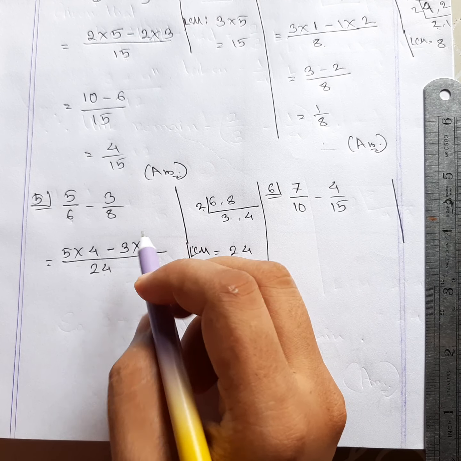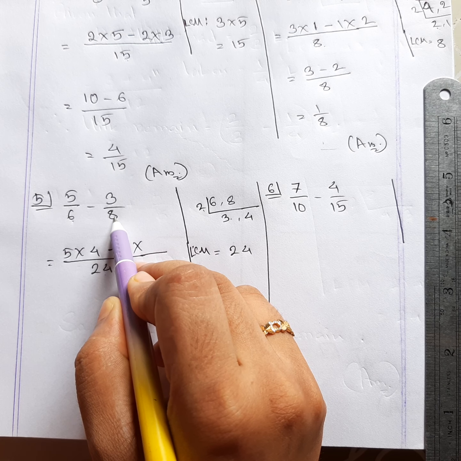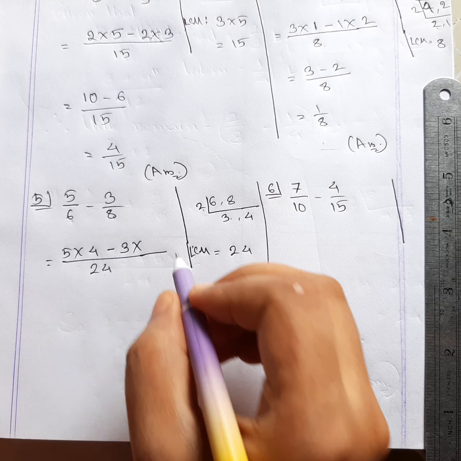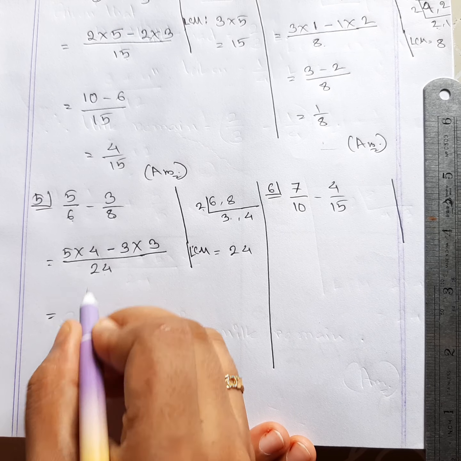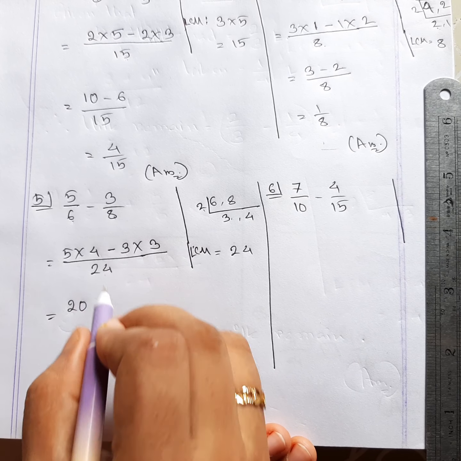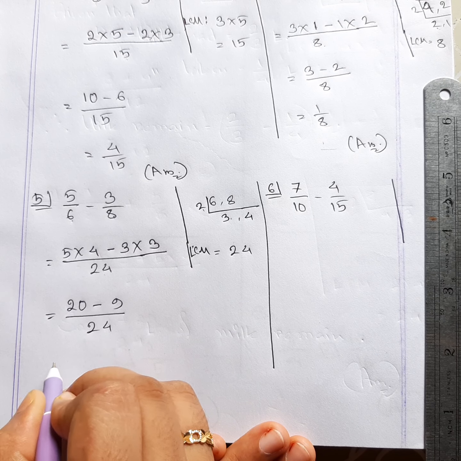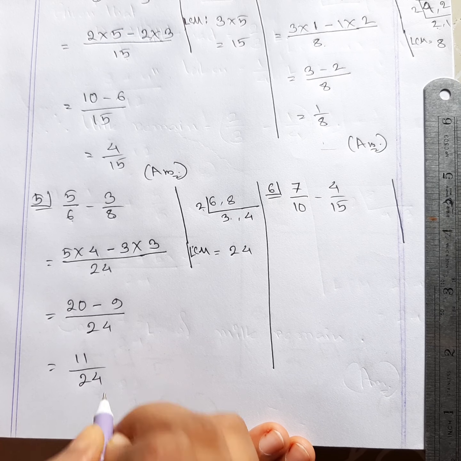Again, dividing the LCM by the second denominator, which is 8, you will get the answer 3, and 3 is multiplied with the second numerator. Here 20, 4 5s are 20, and 9, 24, and there we will get 11 by 24.